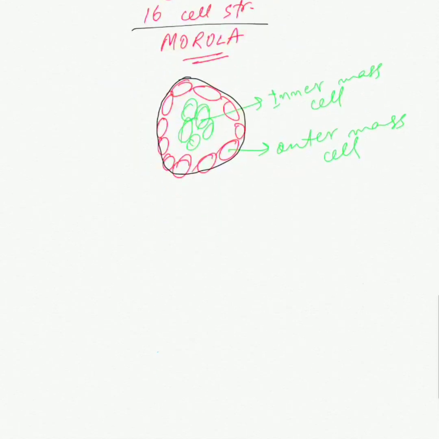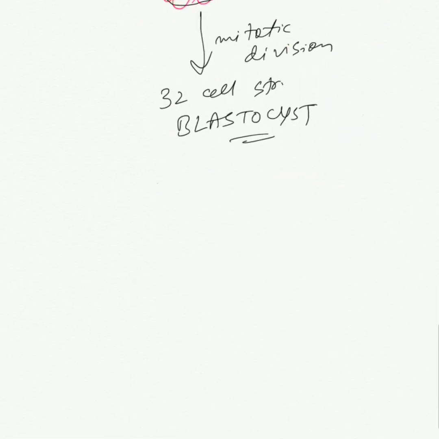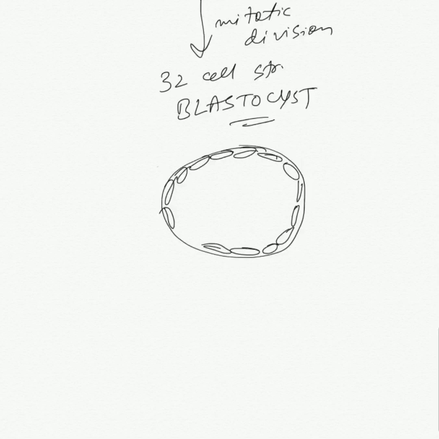Then again, the morula undergoes mitotic division to form the 32 cell structure, which is known as the blastocyst. This is the zona pellucida, the outer membrane of the blastocyst. The outer layer of cells is known as the trophoblast.